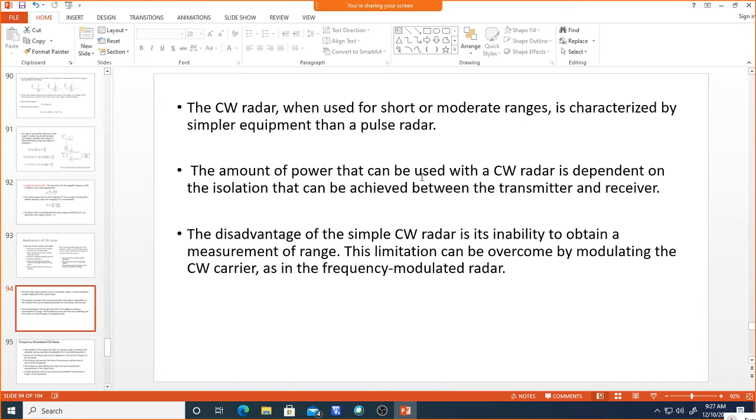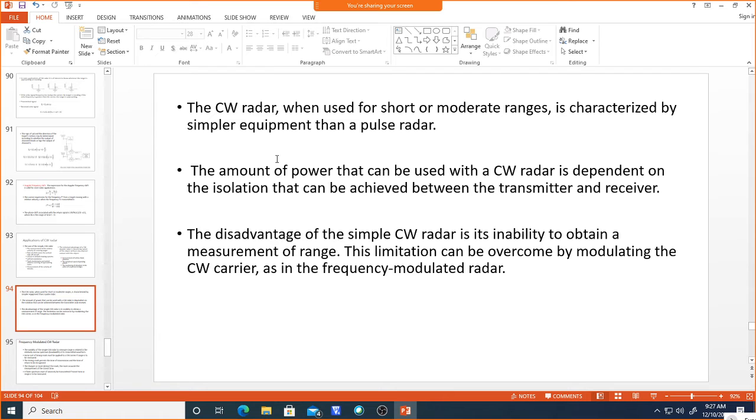The amount of power that can be used with a continuous wave radar depends on the isolation that can be achieved between transmitter and receiver. Even if you go on increasing the power, another problem exists, which is isolation. If you increase the transmitter power, the leakage will affect the receiver.